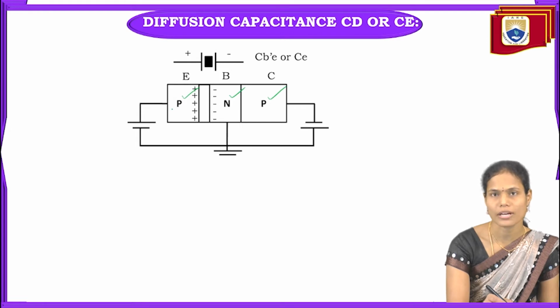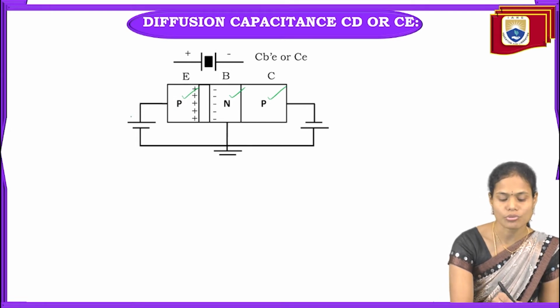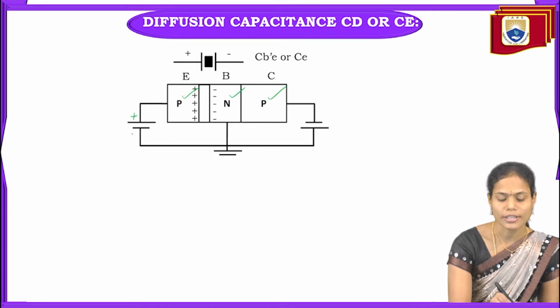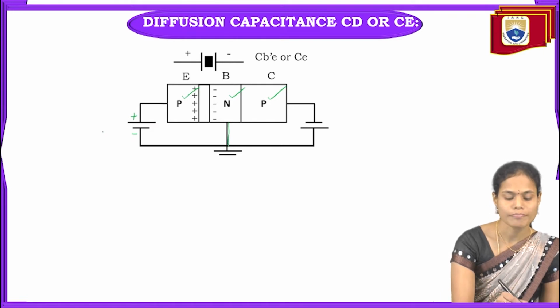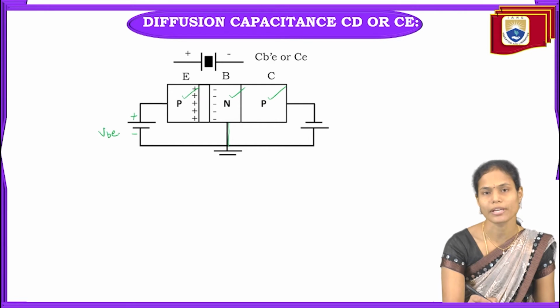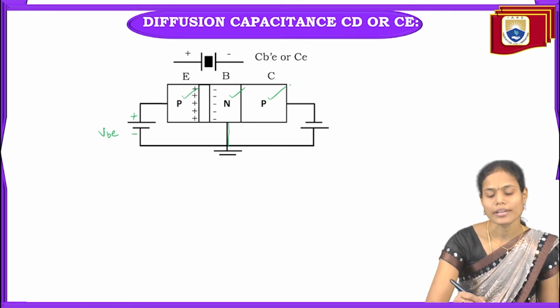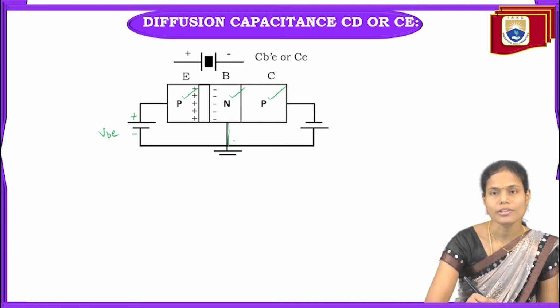Holes have positive charge. So that's why the positive terminal of the battery is connected to the P region and the negative terminal of the battery is connected to the N region. This voltage we generally call VBE voltage or supply voltage. And the collector terminal is again a P region and the base terminal is an N region.